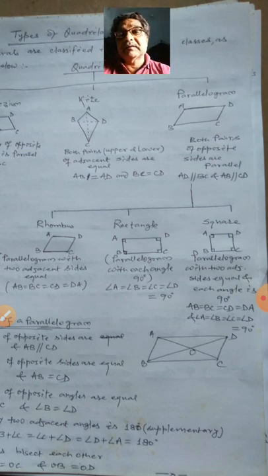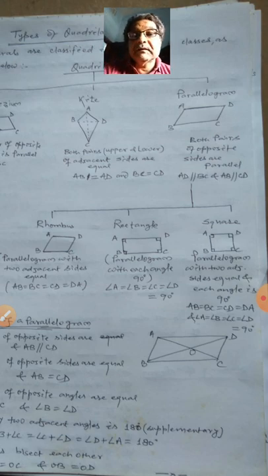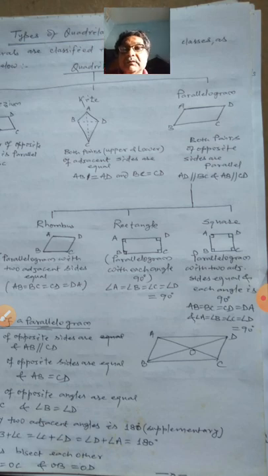If you get a clear concept of this classification, what the different types are, what different properties each type has, what the similarities between two figures in their properties are, and what the differences are, then only you can answer all the reasoning type of questions.